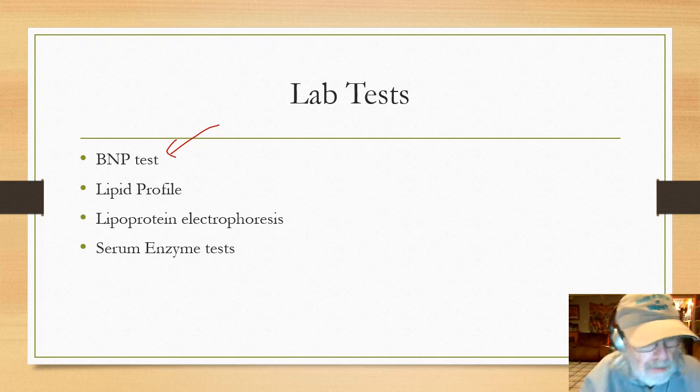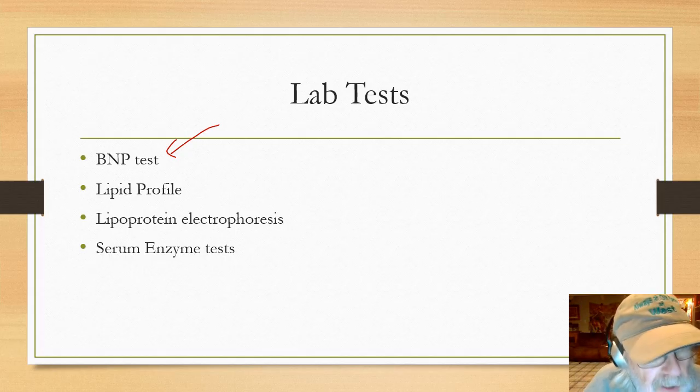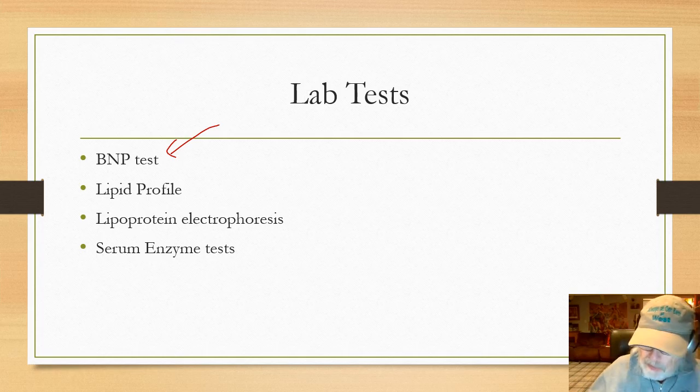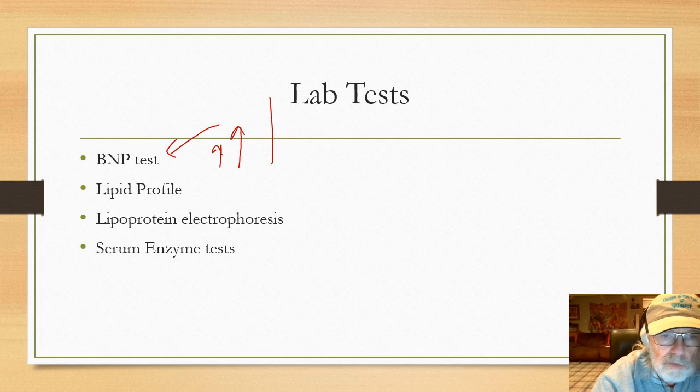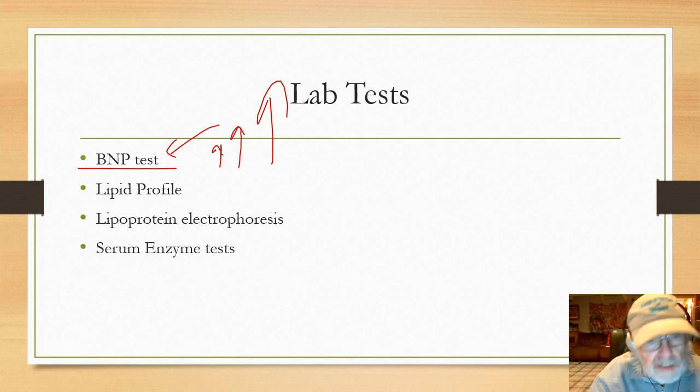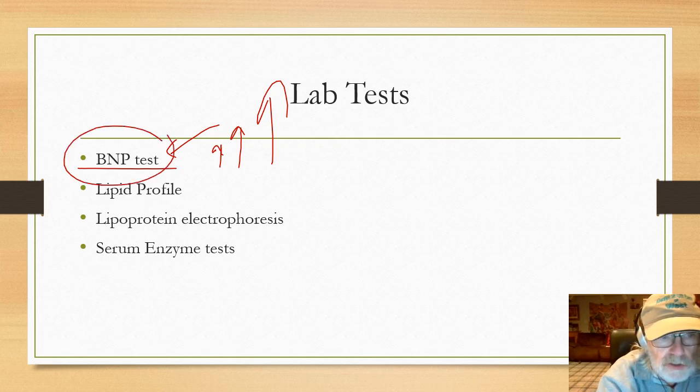The BNP says, pump harder, pump harder, pump harder. But the heart says, I can't do it, I'm just too weak. As a result, the BNP levels in heart failure will continue to rise and rise and rise, simply because the ventricle keeps stretching and it's not strong enough to pump out what it holds. The BNP is doing its job, saying pump harder, but the muscle can't do it. Okay, so that's a BNP test.